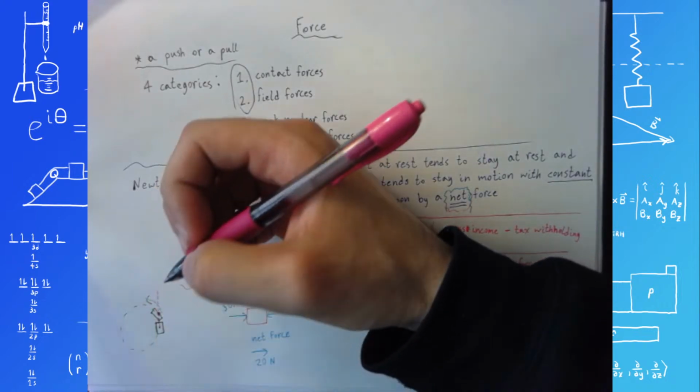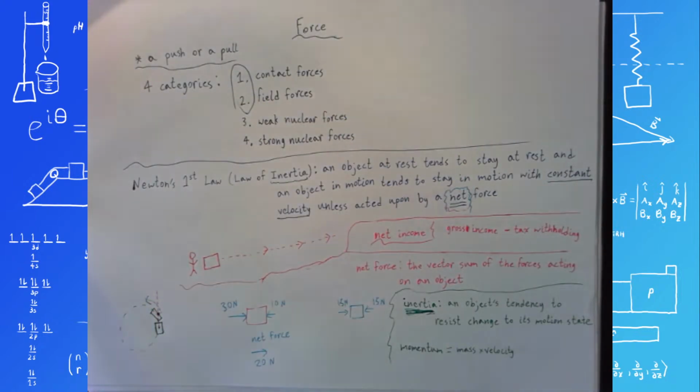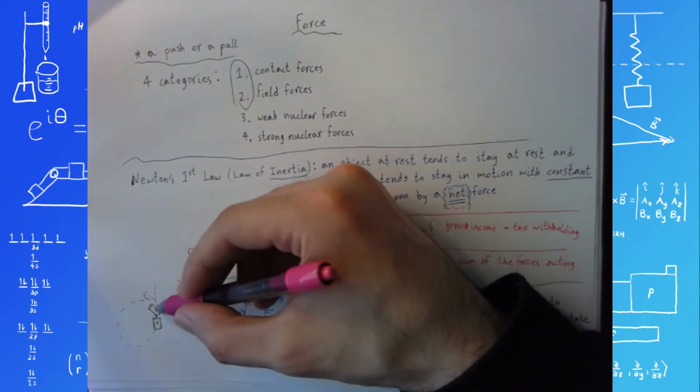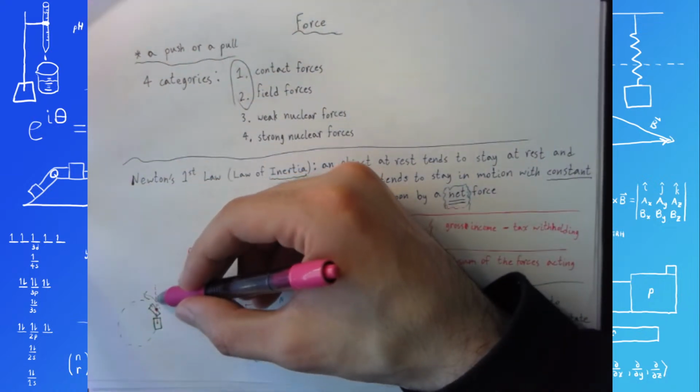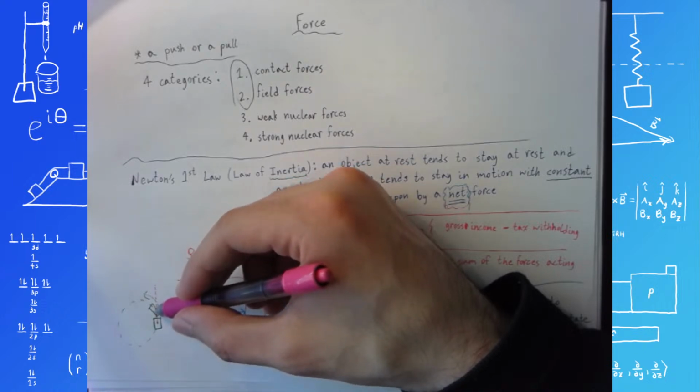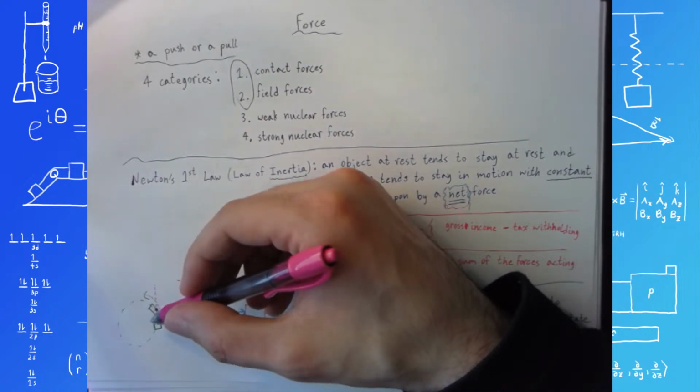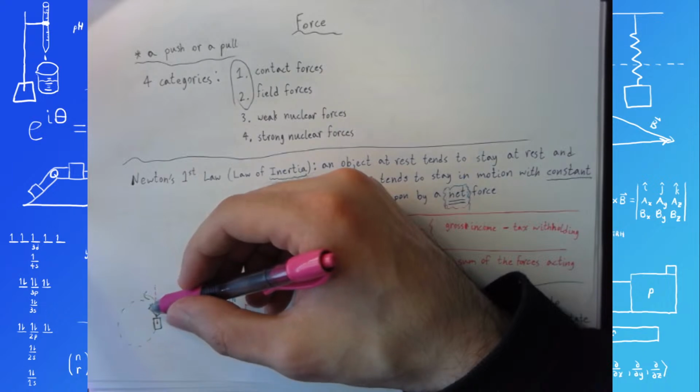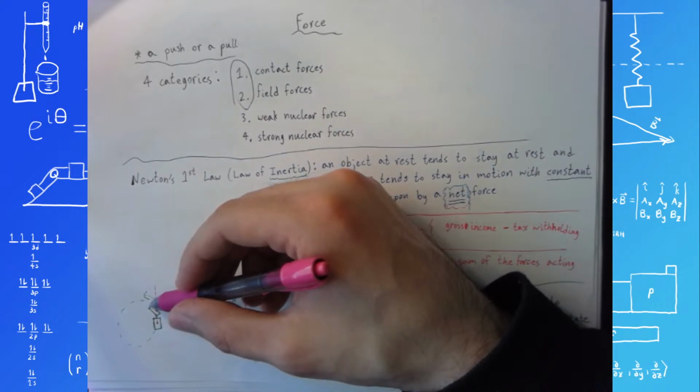So from their perspective, it looks like they're being pushed outward, but they're not being pushed outward. They're just staying on their initial path. Their inertia is trying to prevent them from turning, while the car has enough force on it due to friction from the road and all that stuff, that the car successfully turns before the person does.